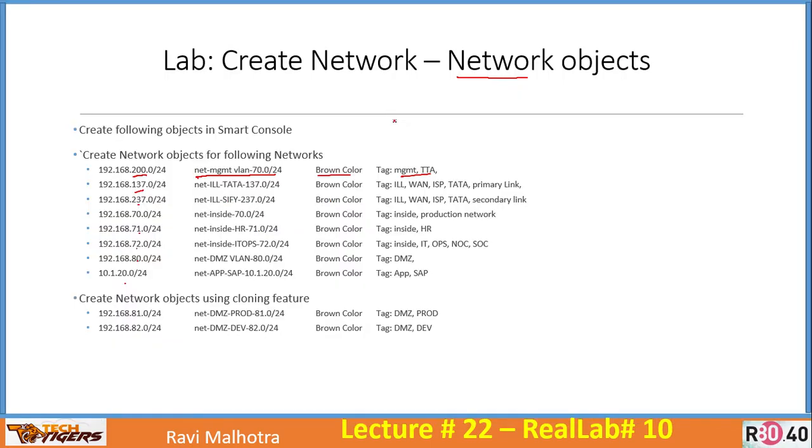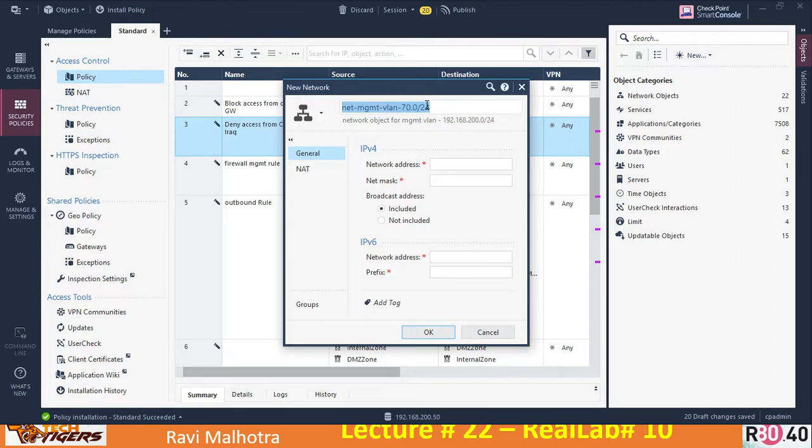192.168.200.0/24. There's some typing mistake here, guys, so please mind that. It is 200.0/24. It is going to be 192.168.200.0, and the netmask is 255.255.255.0. The color is going to be brown; from here I will choose the color brown.